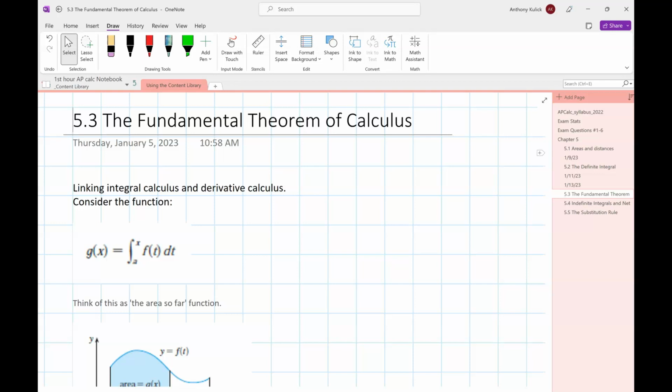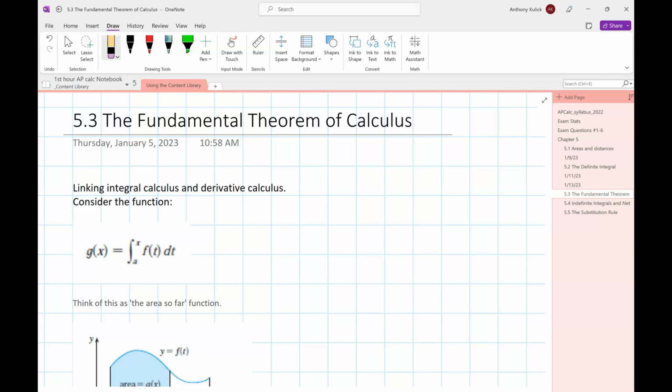So what we're going to do to construct this theorem is start with a function where I'm going to define my function g of x equals the integral from a to x of f of t dt. So this is a function in terms of x, where x is the upper bound on my integral.